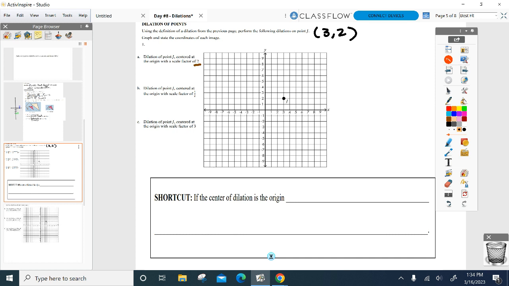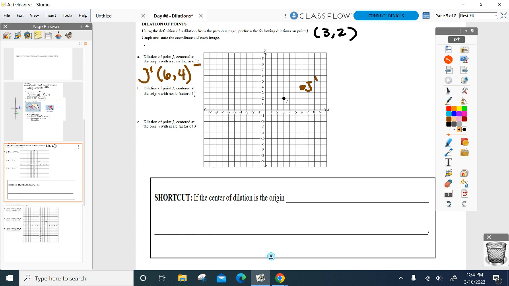So instead of going up 2 over 3, now we'll go up 4 over 6. And there's J prime. Which would be what? I want to write it down too. 6, 4. The scale factor will tell you what you do to the original distance.